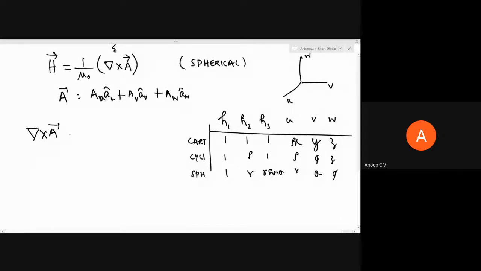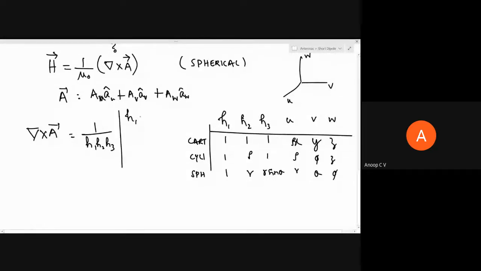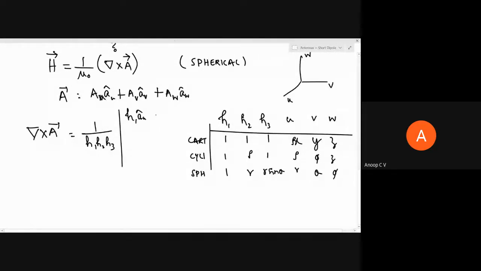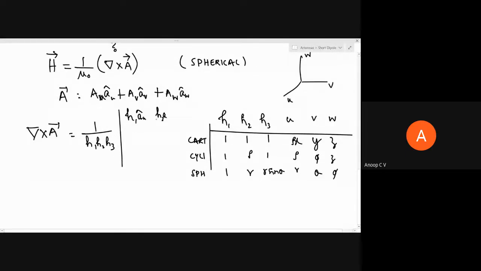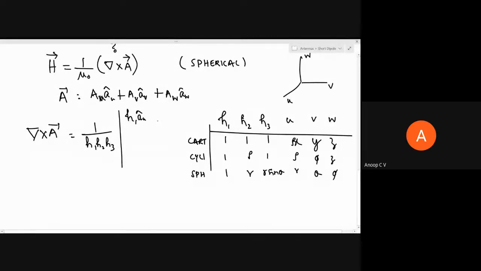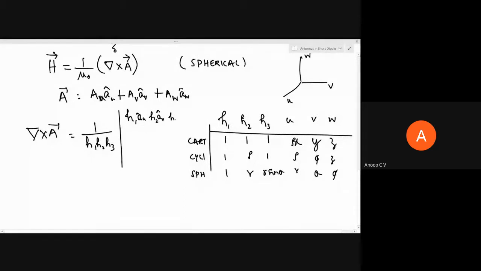So this del cross A can be written as 1 by H1 H2 H3 determinant: H1 AU cap, H2 AV cap, H3 AW cap.